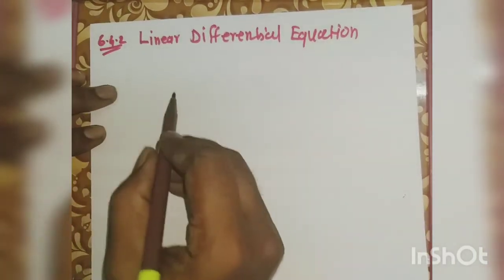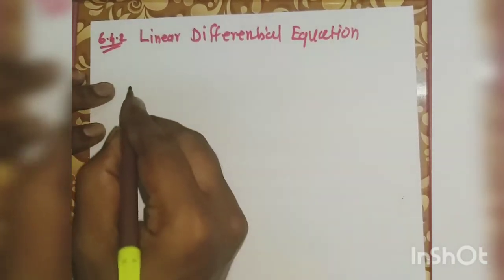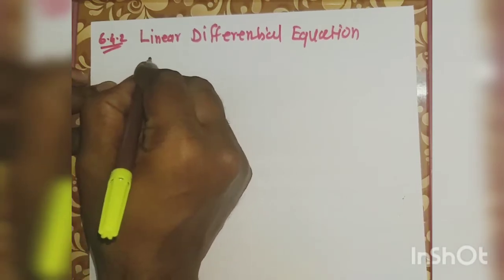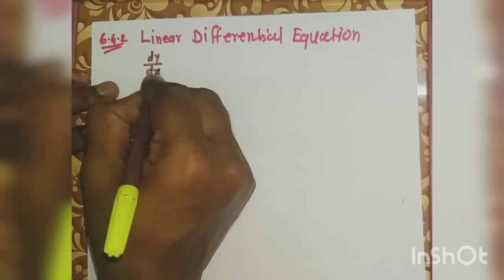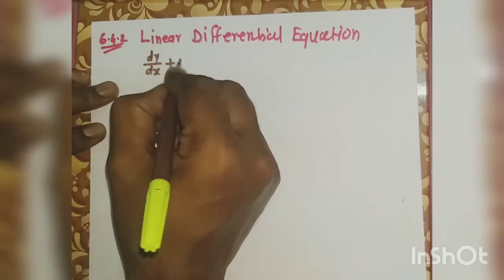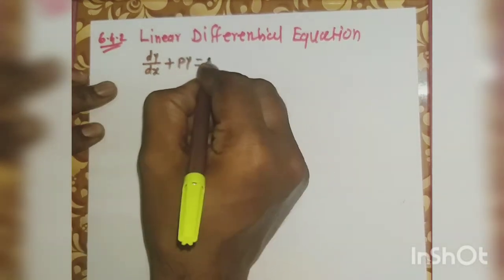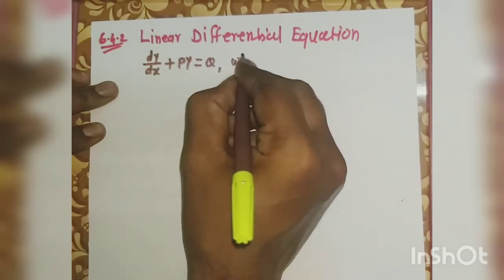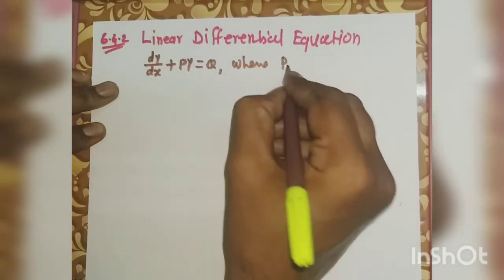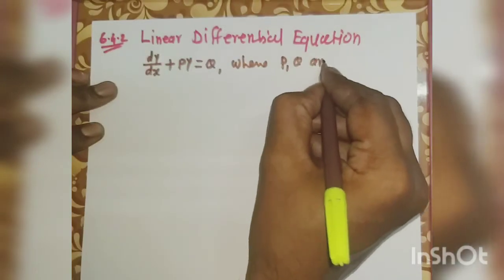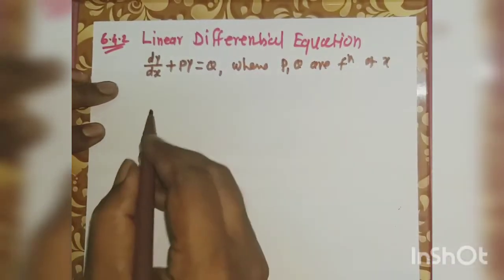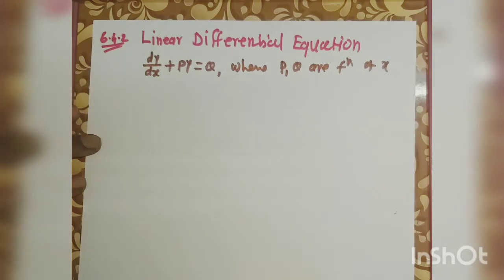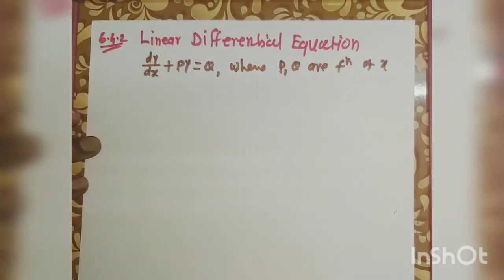Now, first we see what is meant by linear differential equation. A differential equation in this form: dy by dx plus py is equal to q, where p and q are functions of x, is called a linear differential equation.